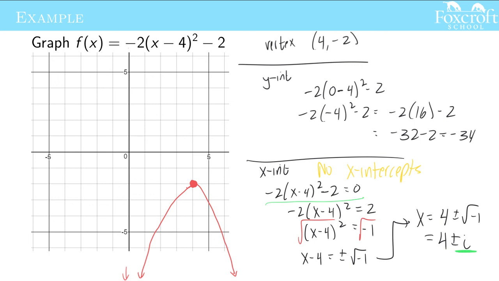All right, so it is possible for your graphs to look like this and have no x-intercepts. All right, they'll always have a y-intercept, they'll always have a vertex, but there might not be any x-intercepts. And that, again, happens when you get an imaginary solution to this intercept equation. All right, so just be aware of that. It is physically possible to not get x-intercepts.